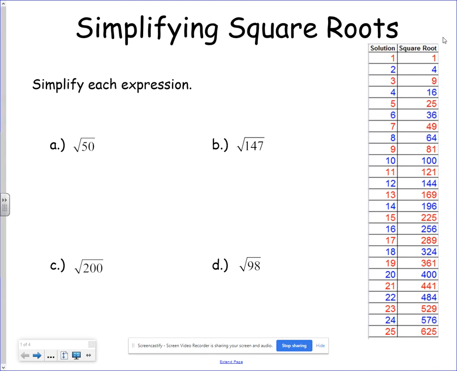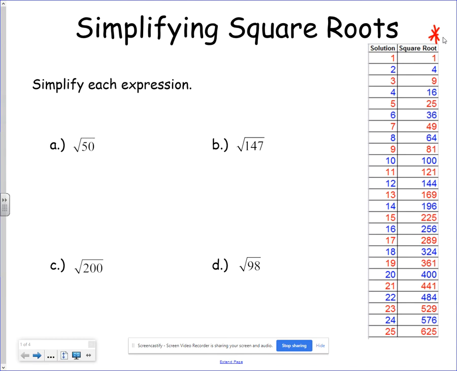All right, so we want to simplify each expression and leave it in radical form. Or you want to leave it so it has a square root in its answer if it's not a perfect square. So let's simplify this first one. The square root of 50. So my first step is to look at my list. Is 50 a perfect square?